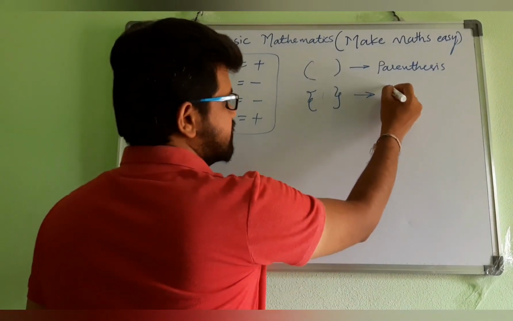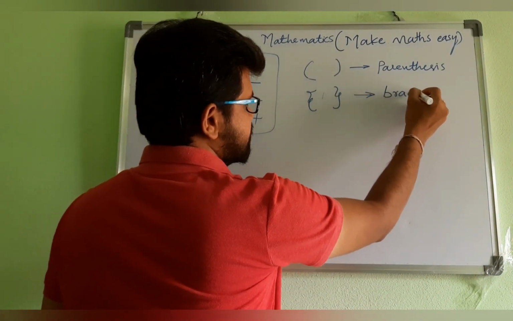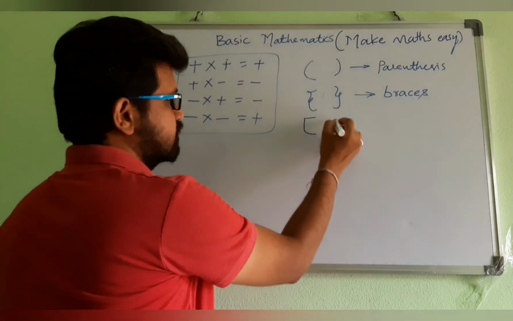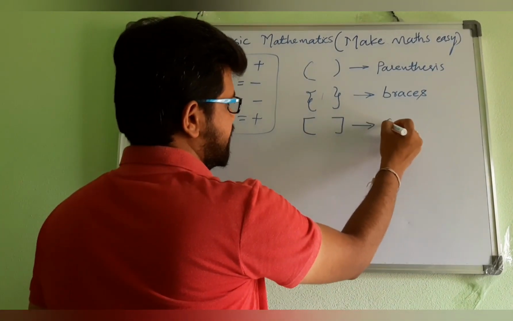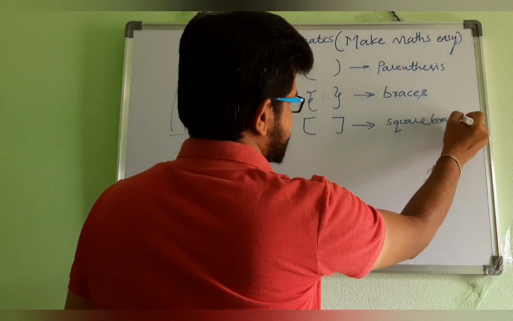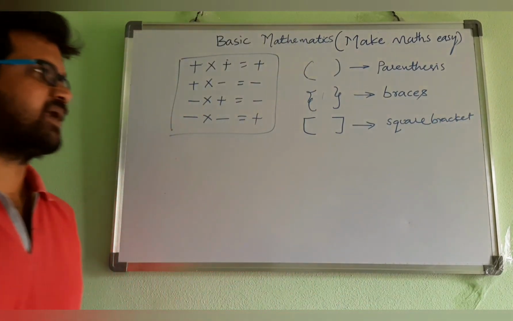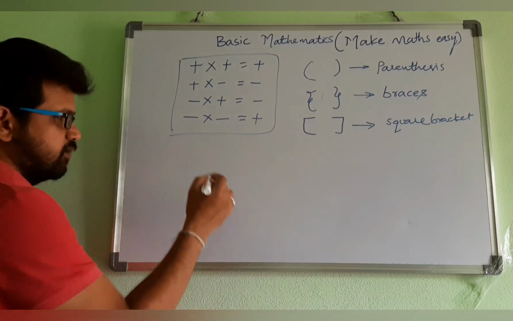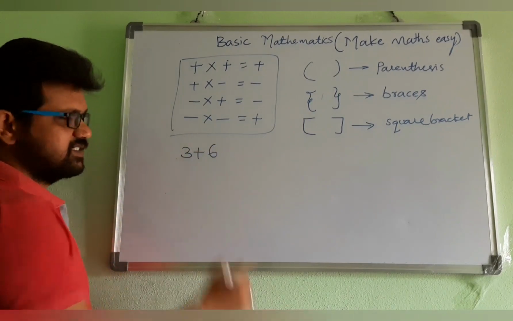What is the name of this bracket? Braces. And the next one is the square bracket.